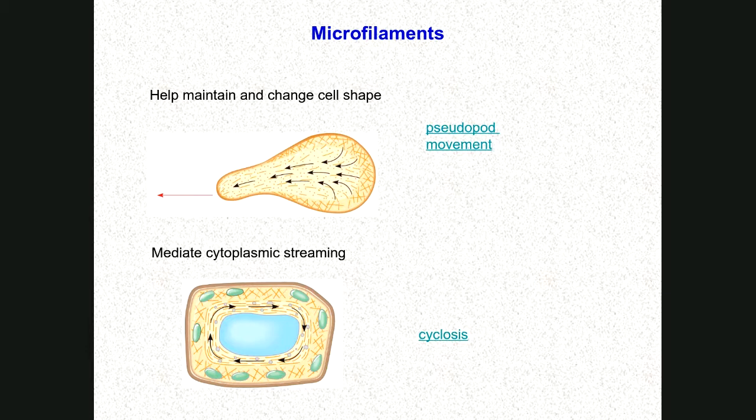And also cyclosis, like a cytoplasmic streaming, happens a lot in the plant cell. This is also to distribute the cytoplasm, moving it around. If you see it over here, the central vacuole, that's the plant cell. It happens only in the plant cell. The pseudopod movement happens in the animal cells. In the plant cells, the cytoplasm moves to distribute water and some ions to reach all the parts of the cell.